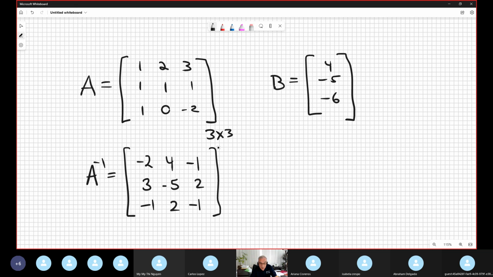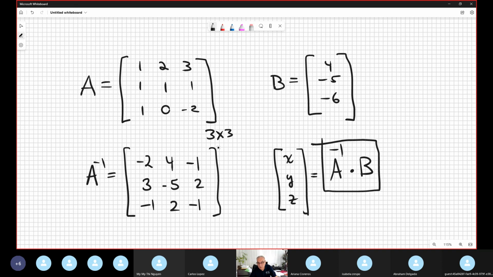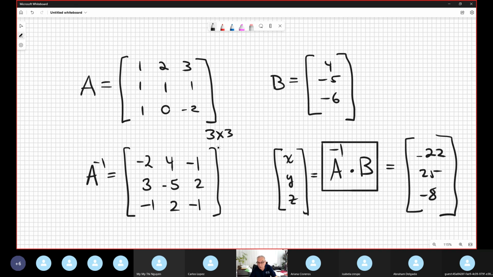And finally, the vector with x, y, and z is the multiplication A inverse times B. It's the formula, guys. And the answer is -22, 25 positive, and -8. Therefore, x is equal to -22, y is equal to positive 25, and z is -8.